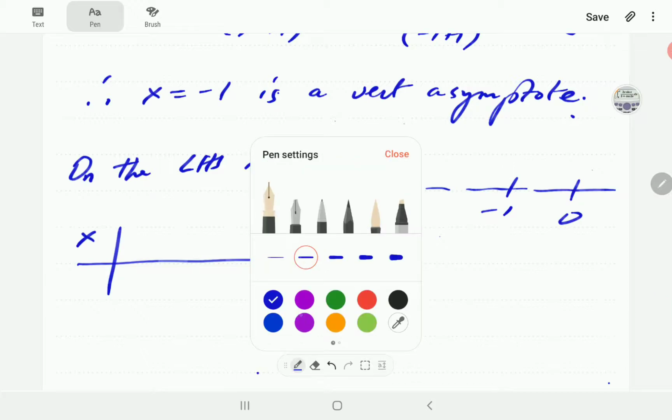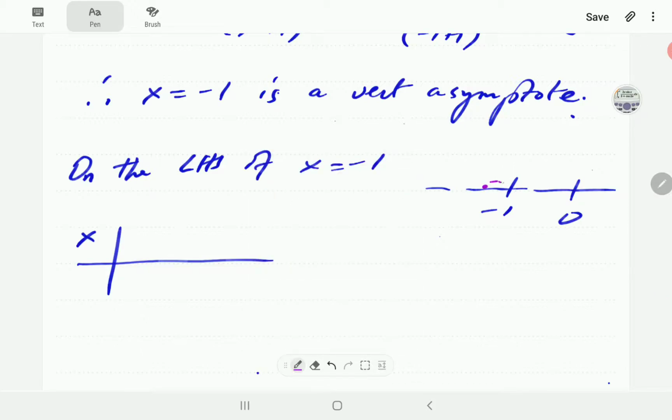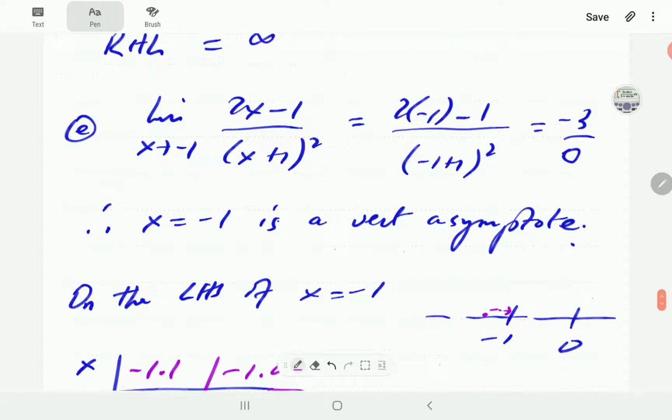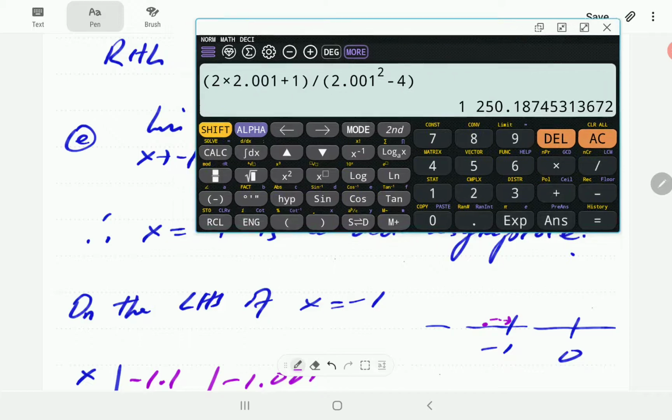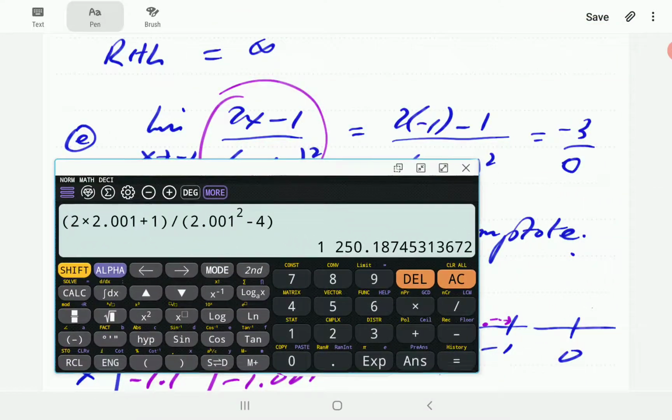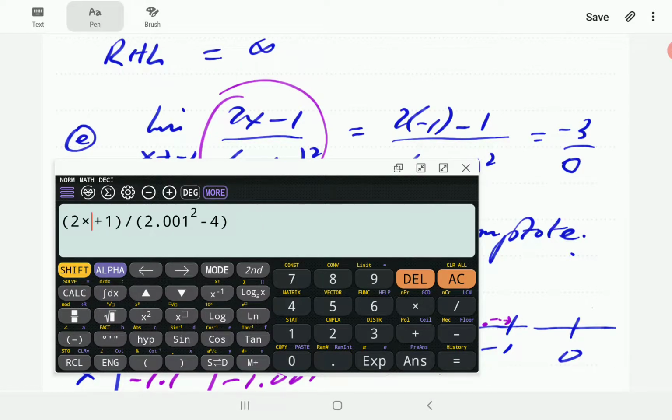If we are somewhere here and we are going towards there, we're going to have -1.1, for instance, then -1.001. This time we are substituting into this function here. So it's 2x minus 1, so 2 times -1.1, then minus 1 here.